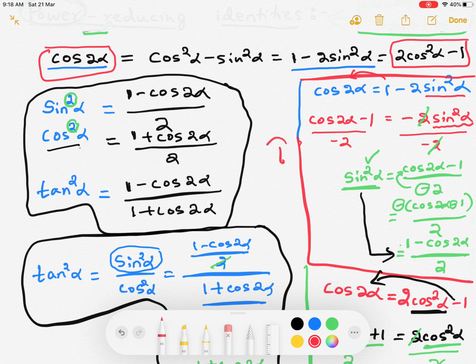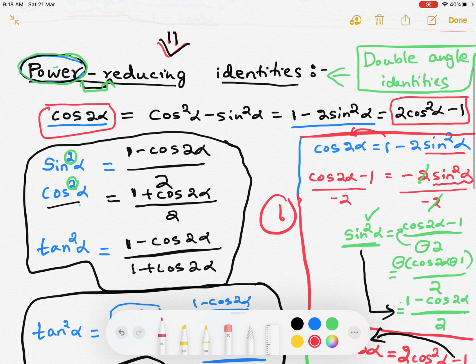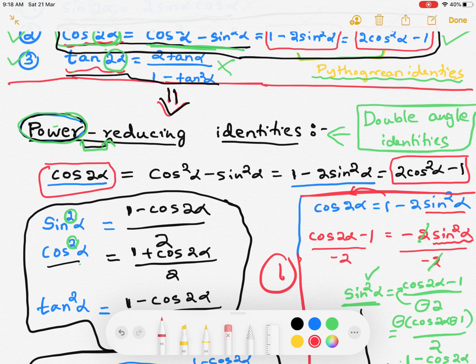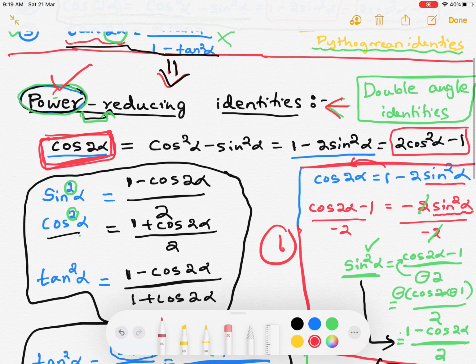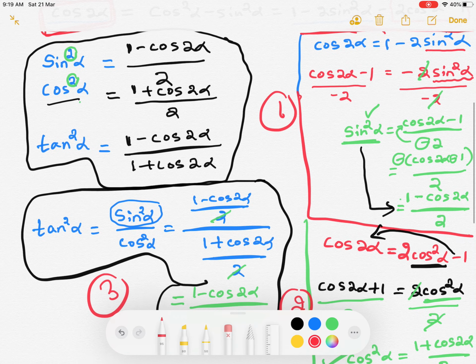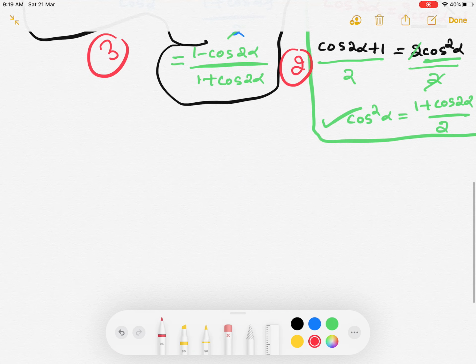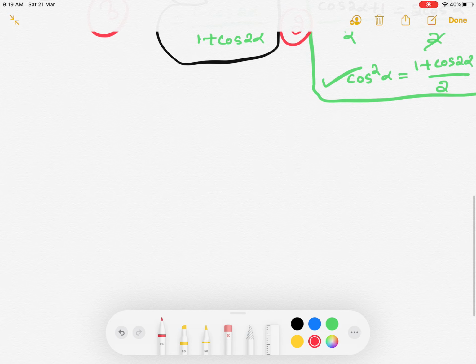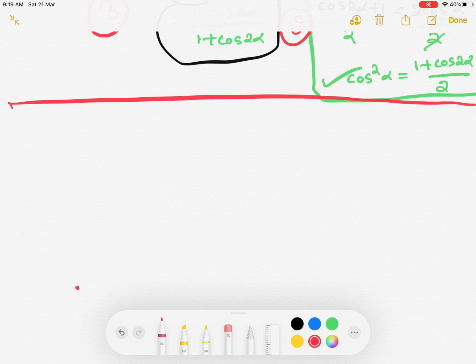This is the first formula, this is the second one, this is the third one. So how did we get the power reducing identities? From the double angle identity, from cosine 2 alpha. Next one, why do we need the power reducing identities? To find the half angle identities.